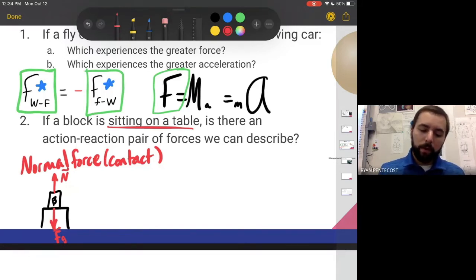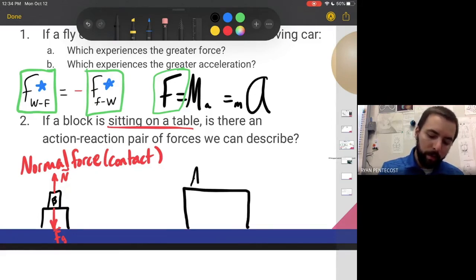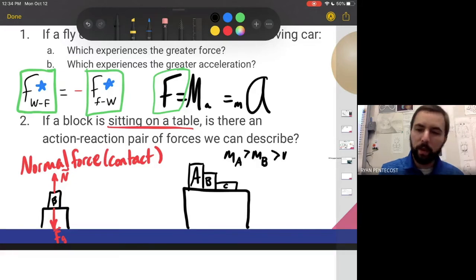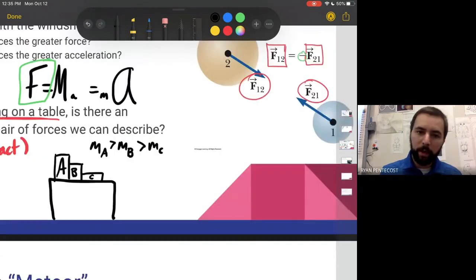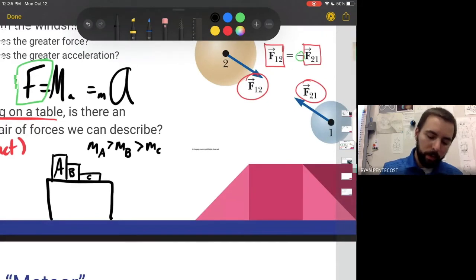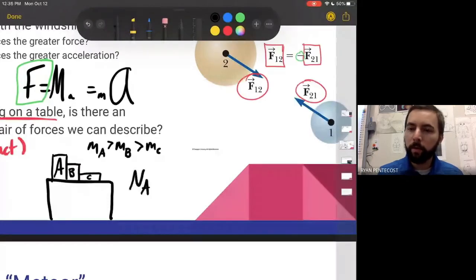Now, normal force is going to accommodate whatever force of gravity that it's going to feel, or whatever force it feels in general. Let's say we have a big block A, a medium block B, and a small block C. Mass of A is greater than mass of B, which is greater than mass of C. Now, if we were to look at the normal force for each of these, the normal force for A has to balance the weight of the block, assuming the table is not breaking.